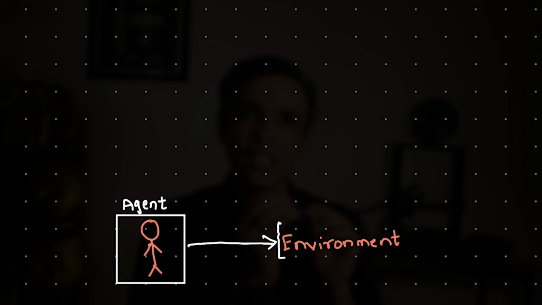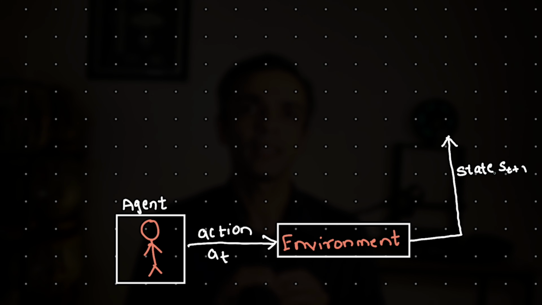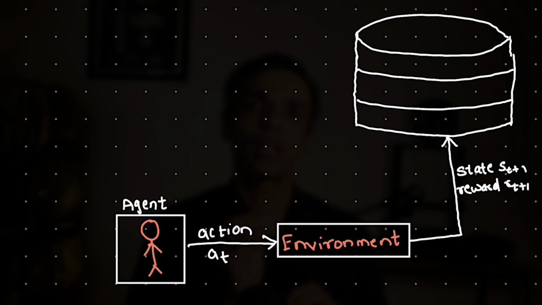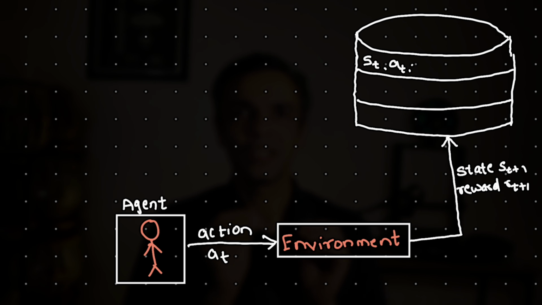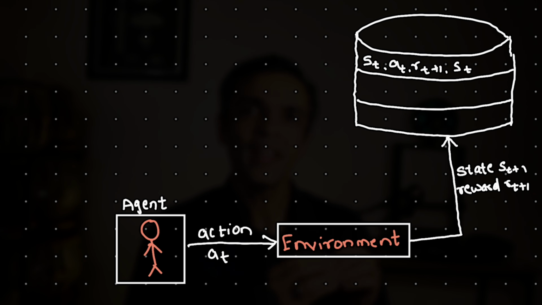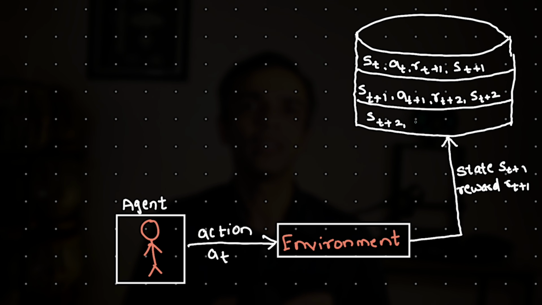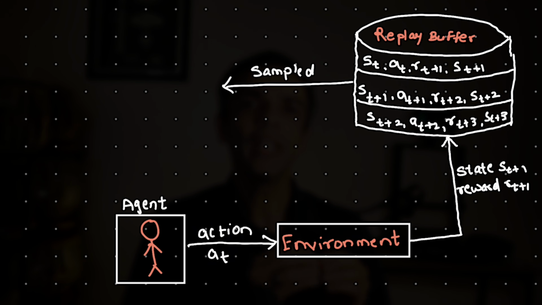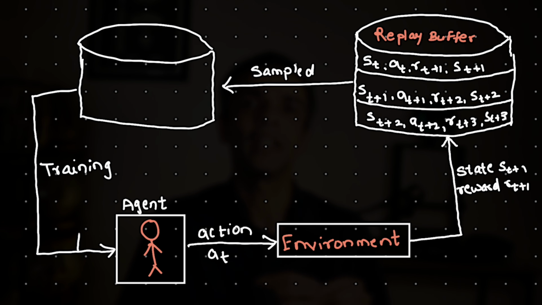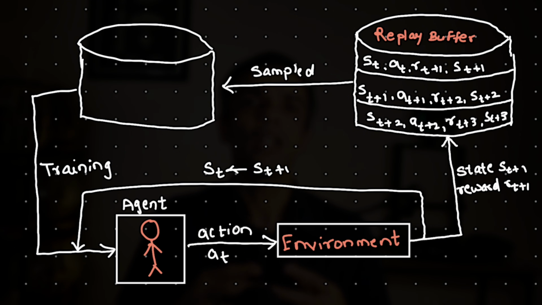To solve this, we use what is called a replay buffer. A snapshot of each time step, called an experience, that includes the state at time step t, the action taken in the state, the reward received, and the next state is stored in the replay buffer memory. And when we need data to train the network after each time step, we just randomly pick a data point from the replay buffer and use it.